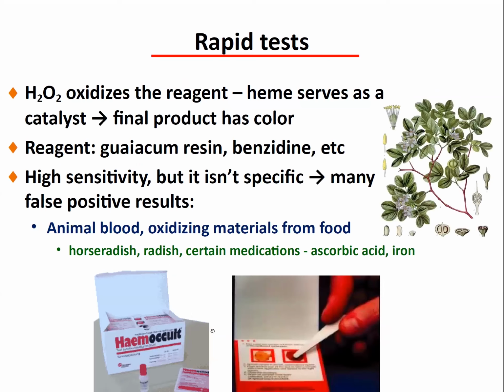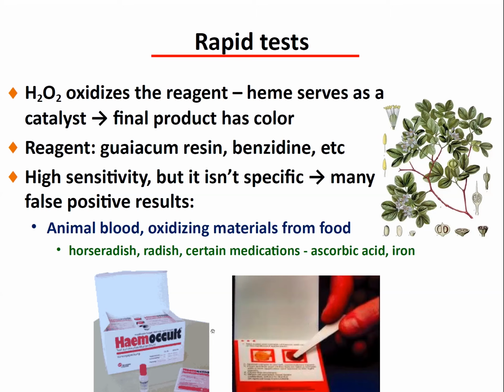Usually the heme is going to catalyze an oxidative reaction, and the final product is a colored product of red color. However, this reaction can give a false positive if you ate too much horseradish or radish, or certain medications such as ascorbic acid, so vitamin C, or iron can give a false negative.